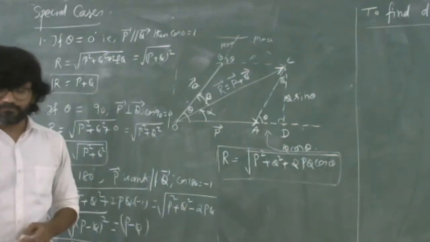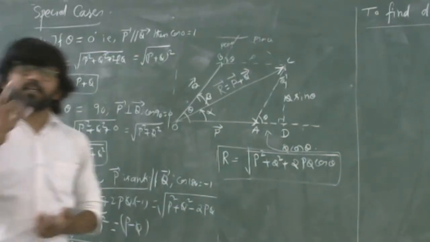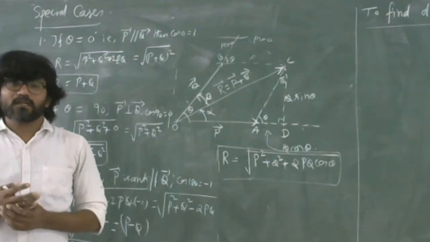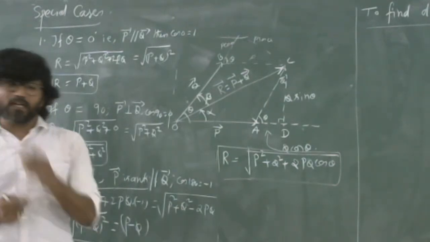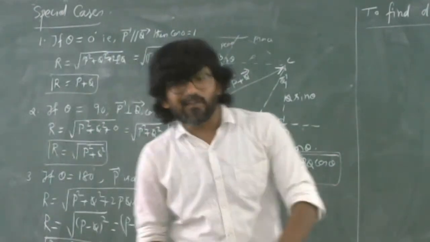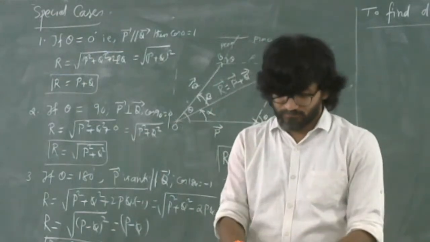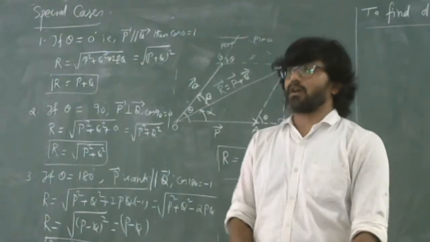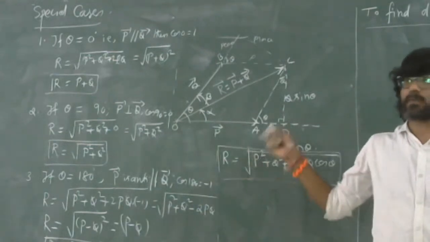So write down. For day scholars, for online students, a file has already been shared. You can go through level 1, exercise 1, based on parallelogram law. Copy, everyone.